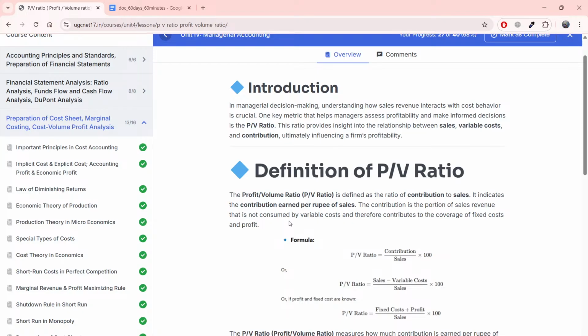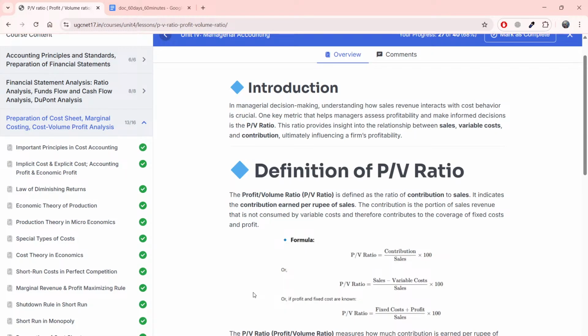This ratio provides insight into the relationship between sales, variable cost, and contribution, ultimately influencing a firm's profitability. The profit volume ratio is defined as the ratio of contribution to sales, and contribution is sales minus variable cost.